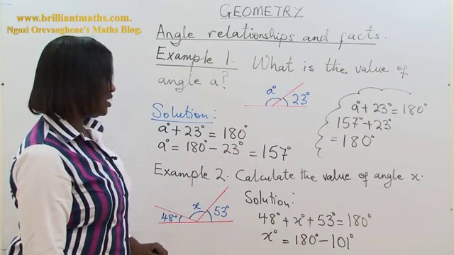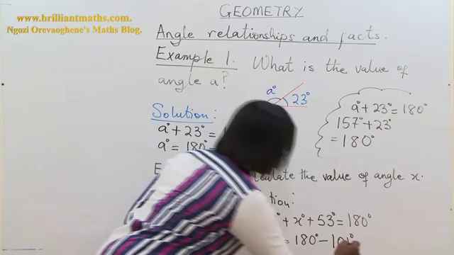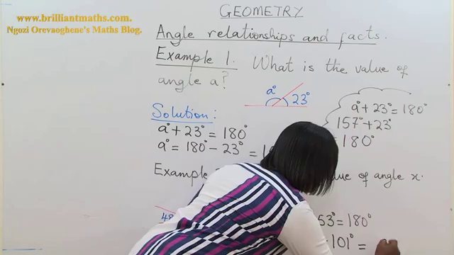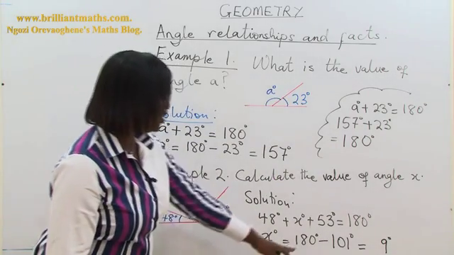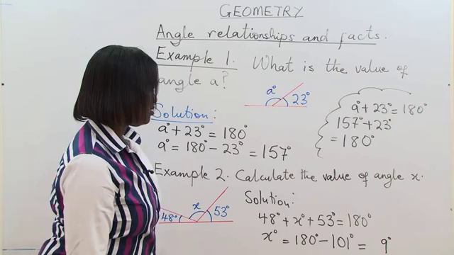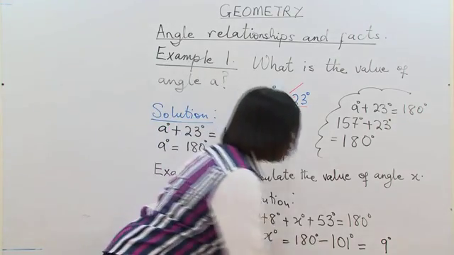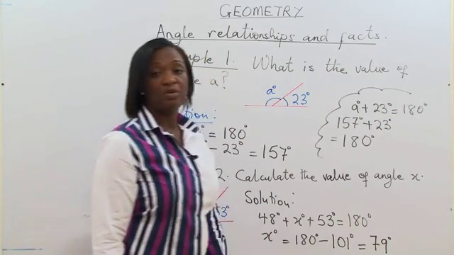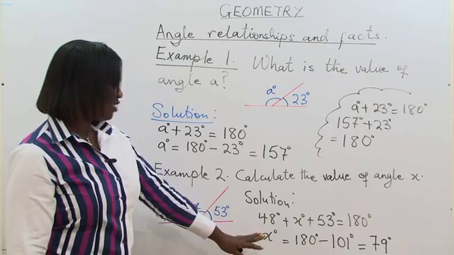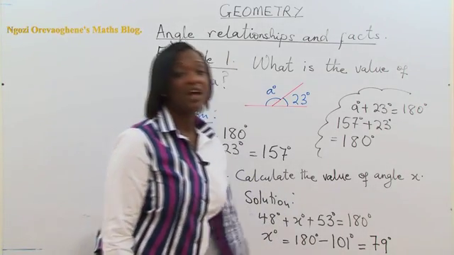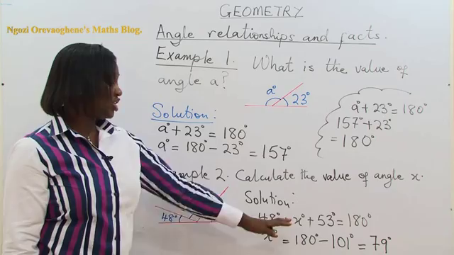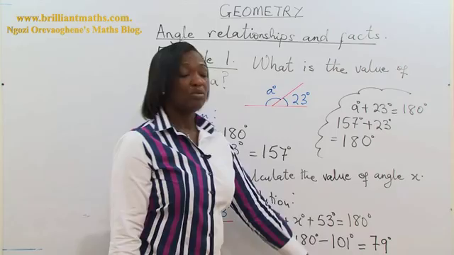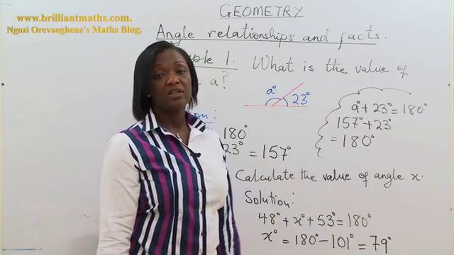So 180 minus 101, what will that give us? 10 take away 1, we have a 9. And what is left here is a 7. 7 take away 0 is a 7. And 1 take away 1 is 0. So the value of angle x is 79 degrees. You can check that. If you add 48 and 53 and 79, you'll actually get 180 degrees.